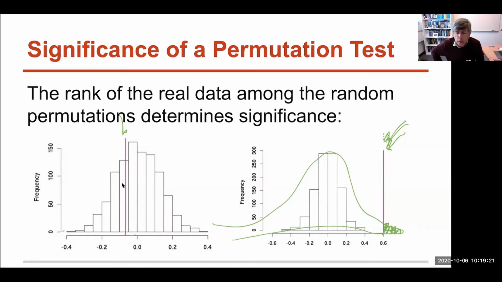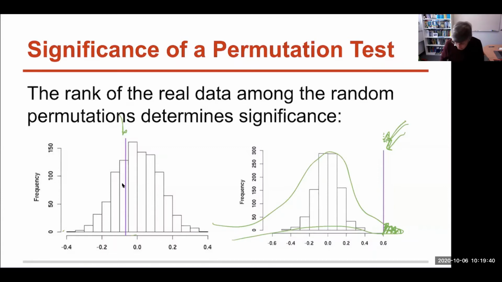This gives me a p-value of how unlikely it is that this big a difference of height between the real men and the real women was observed by chance. Any questions about that? People see how this kind of thing works?